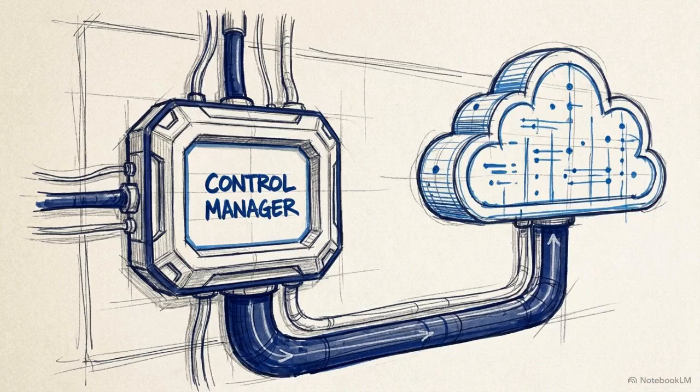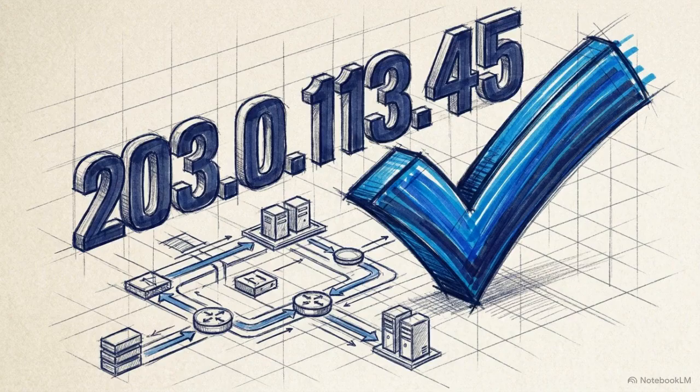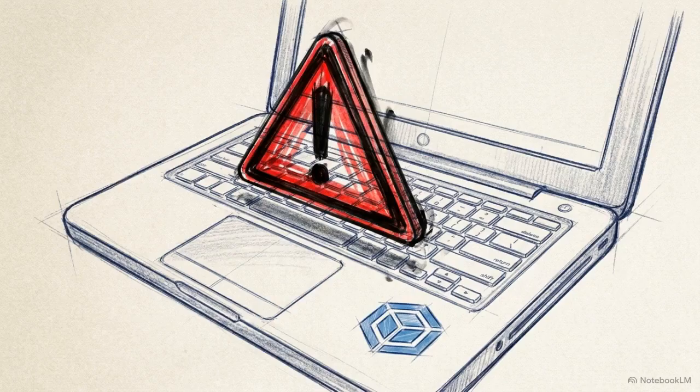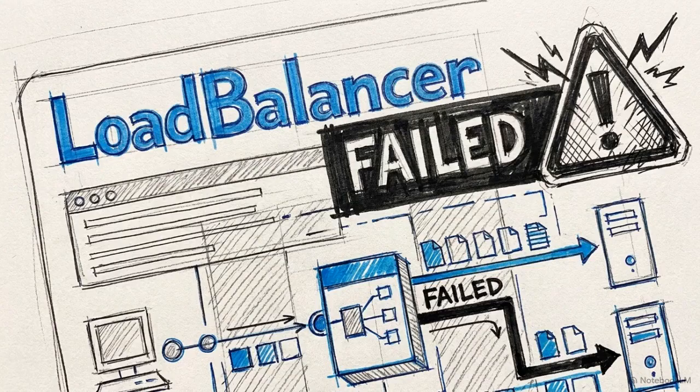Behind the scenes, the Kubernetes Cloud Control Manager automatically negotiates with your cloud provider to provision a public elastic IP for this routing. Keep a critical warning in mind if you are a developer building on a local environment. Configuring a LoadBalancer type without actual cloud infrastructure to back it up will fail.